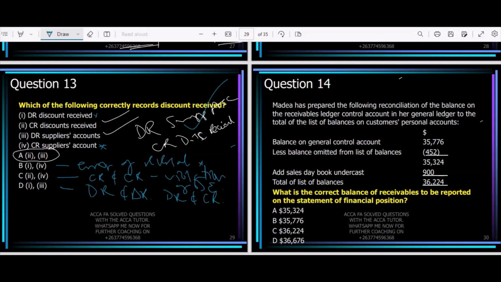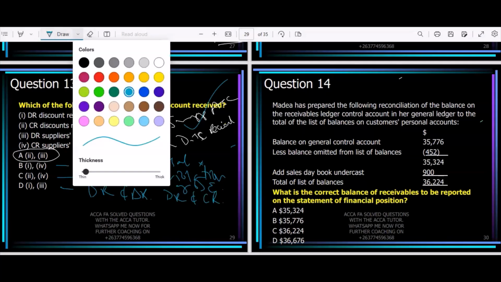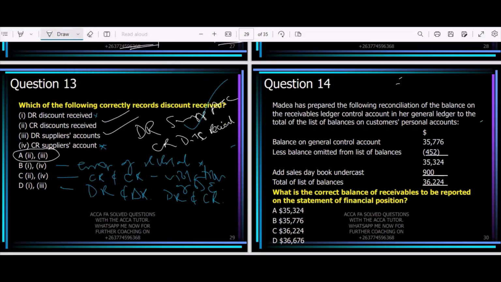Okay, so that's a reconciliation statement, where we have the balance of the general control account of $35,776, less balance omitted from list of balances, and then add sales day book undercast, then the total list of balances. What is the correct balance on receivables to be reported on the statement of financial position?